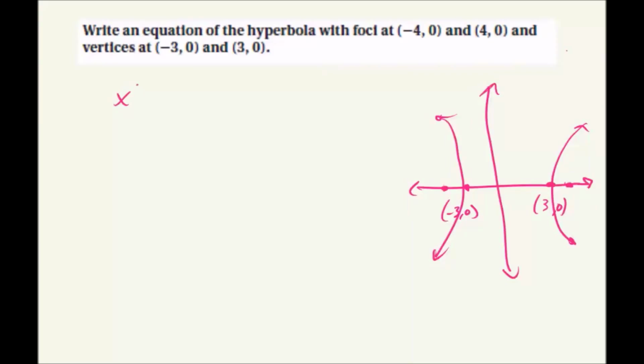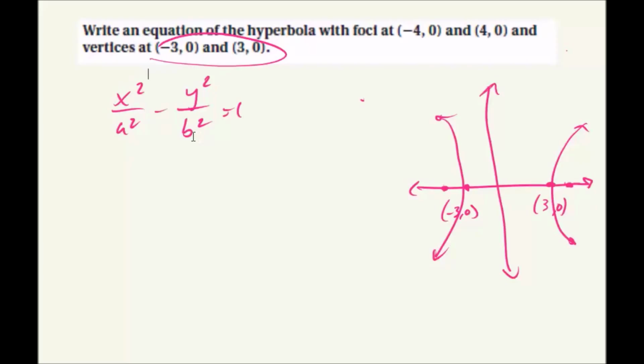That means that the x squared term is going to be in front, and it's going to subtract the y squared term. So the equation is x squared over a squared minus y squared over b squared equals 1. Now we just need to plug in the information. We know what a squared will be. It'll be 9 because the vertices are 3, so 3 squared is 9.